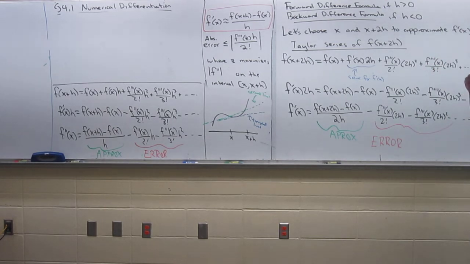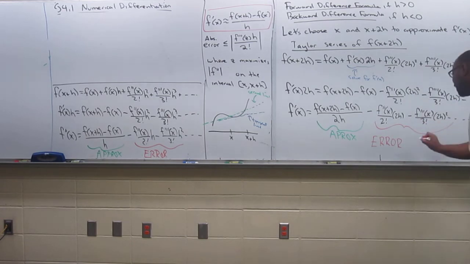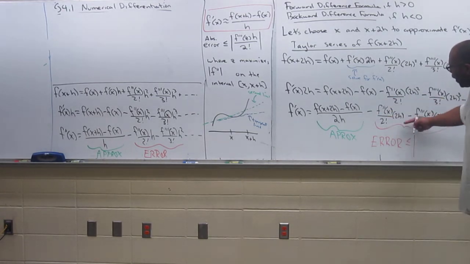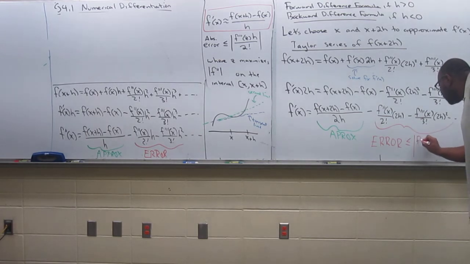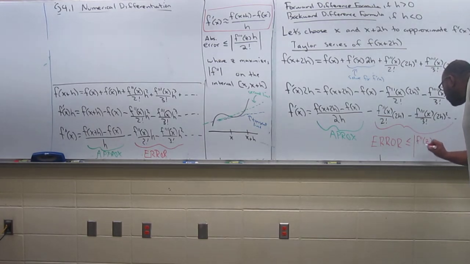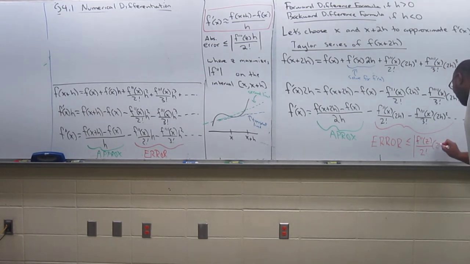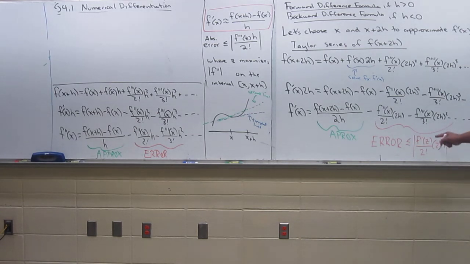How big does this error become? Well, the biggest it could be, just like we did over there, is less than or equal to the absolute value of, let's look at this term right here, f double prime evaluated at z, divided by 2 factorial times 2h. Where z is the value that maximizes my second derivative from x to x plus 2h instead of x to x plus h.